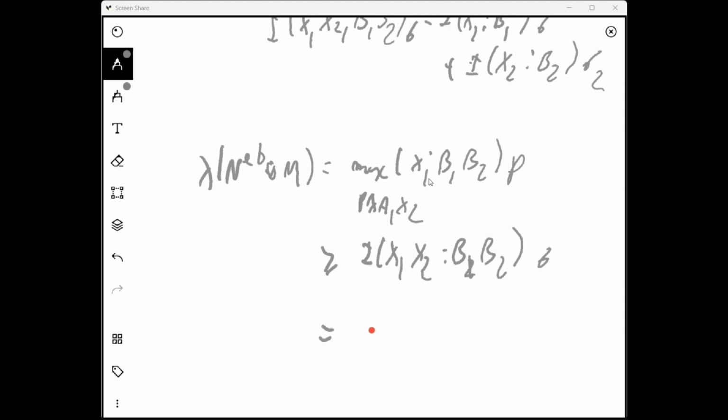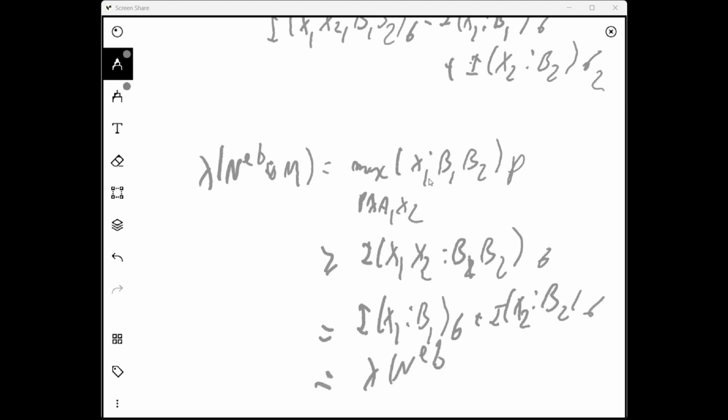And because the two channels act separately, we have additivity, and so we just have equality. So that's the first part of the demonstration. That is always true, by the way.